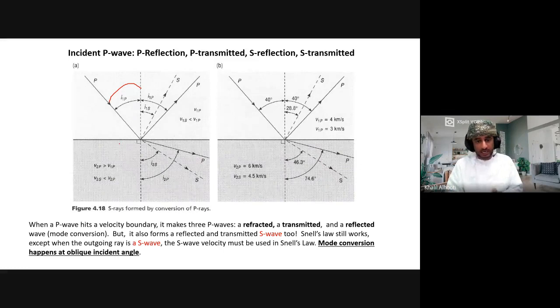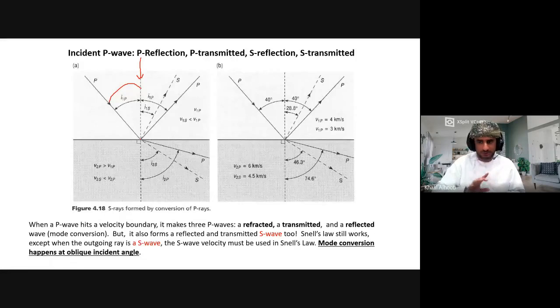And mode conversion happens only when the wave hits the interface at an oblique angle. What's an oblique angle? An angle which is not equal to 0. If it's arriving like that, the P wave stays a P wave. It will go inside to the second layer without deflection.